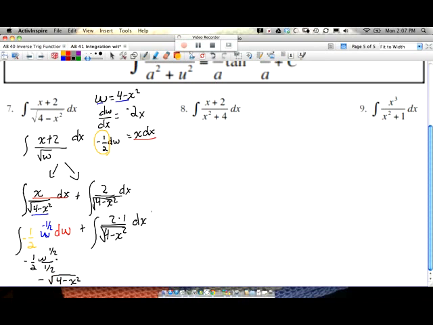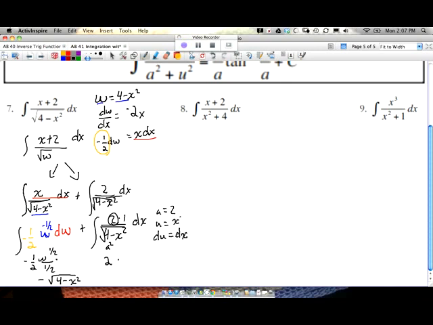And if u equals x, then du is just dx. So I have this 2 here that's extra. That 2 is going to be a constant. So in reality, this is like 2 du over square root of a squared minus u squared.